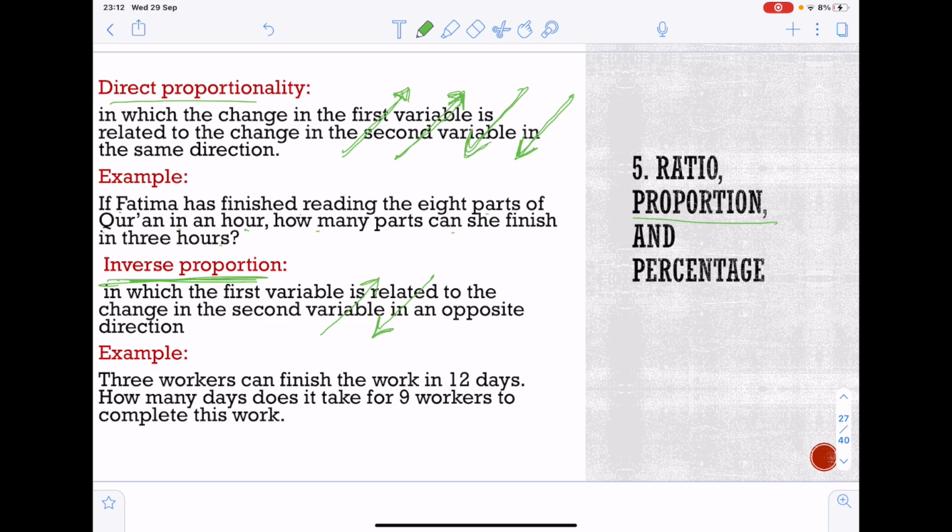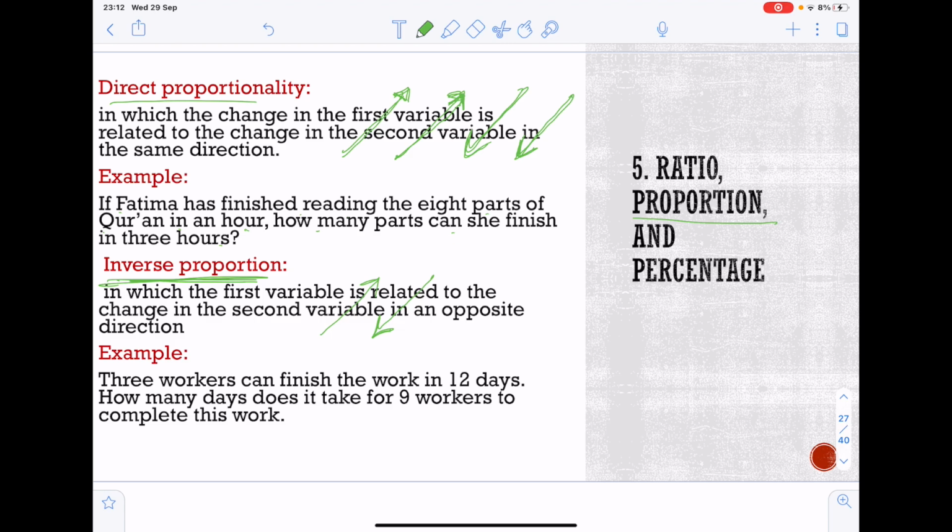Okay, let's see an example of the direct proportion. For example, if Fatma has finished reading 8 parts of the Quran in 1 hour, how many parts can she finish in 3 hours? So since she will read for more time, she will read more parts of the Quran, of course.